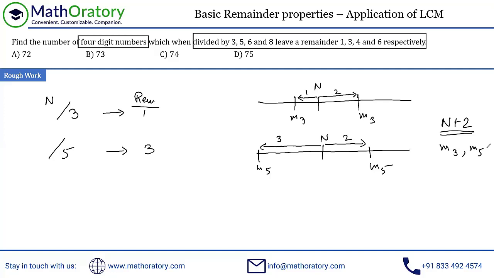So now we are generating a bit of a pattern. So let's continue this. We have the next information: when divided by 6, the remainder is 4. Again, notice the same thing. If the remainder is 4, if I move 4 steps back from the number, that should be a multiple of 6. So 2 more steps forward, that is a total of 6 here, 4 plus 2. So that is a multiple of 6, right? So again, this n plus 2 should be a multiple of 6 as well.